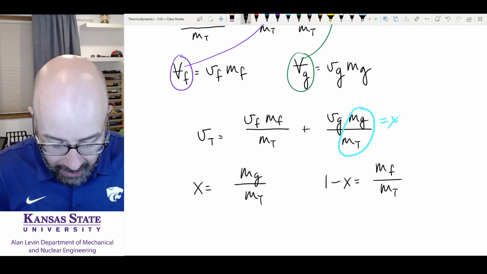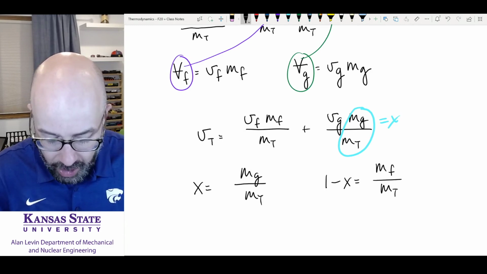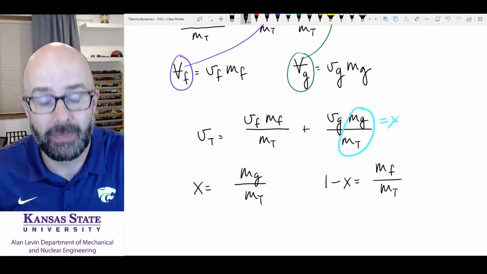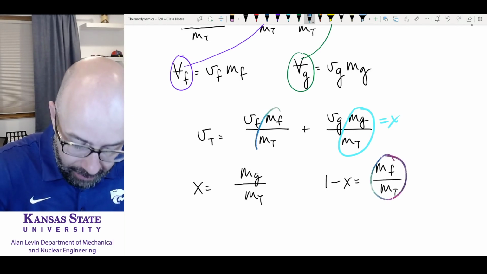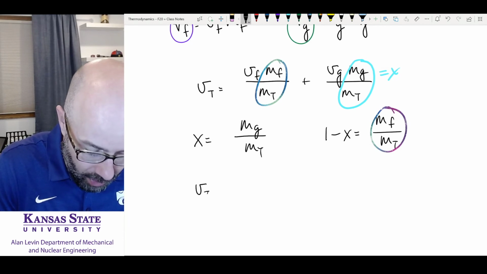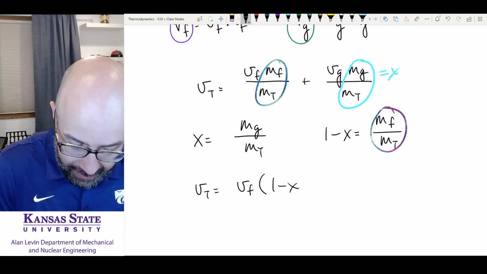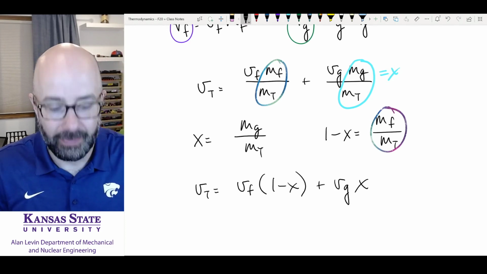1 means the mixture is all vapor. So if we can calculate the ratio of the vapor over the total, 1 minus that has to be everything else. Okay, so I am going to take advantage of this and plug that back into this equation, and now say that the total specific volume is going to be equal to VF times 1 minus x plus VG times x.